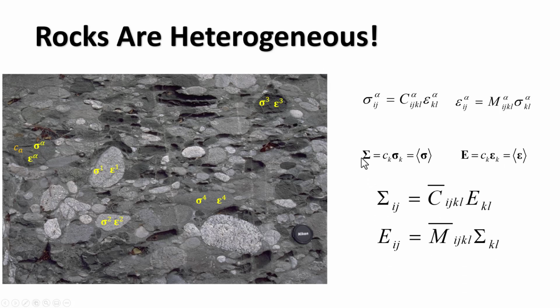Now we wonder how the average stress on the representative volume scale is related to the average strain on the same scale. That is, what is the overall effective behavior? The C bar here represents the effective stiffness, and M bar similarly stands for the effective compliance of the material on the representative volume element scale.